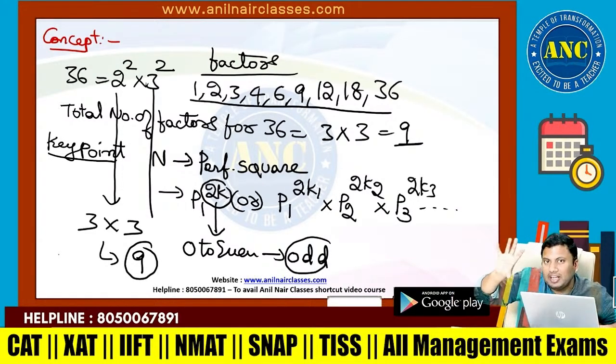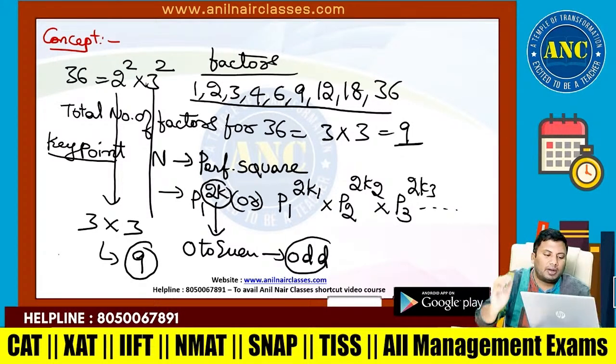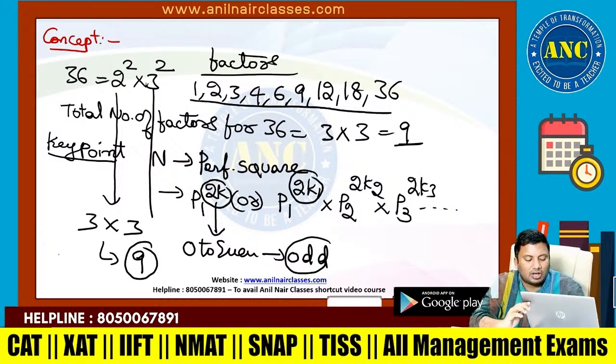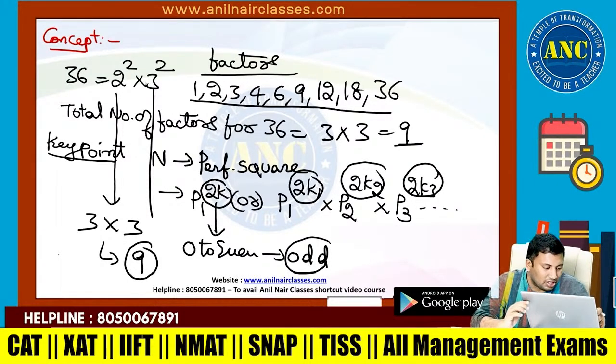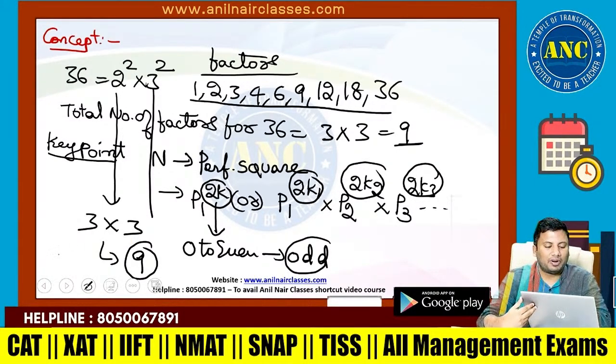If the power is an even number, the count of factors starts from 0, and 0 to an even number is odd. Am I right? Extremely important key point. Please write down.